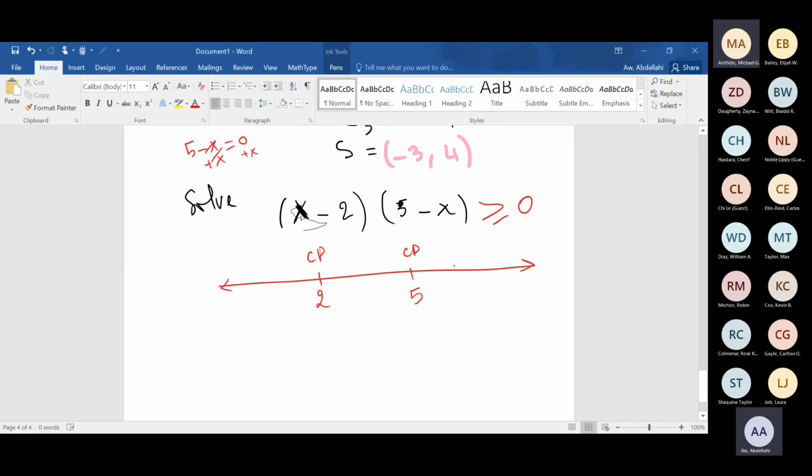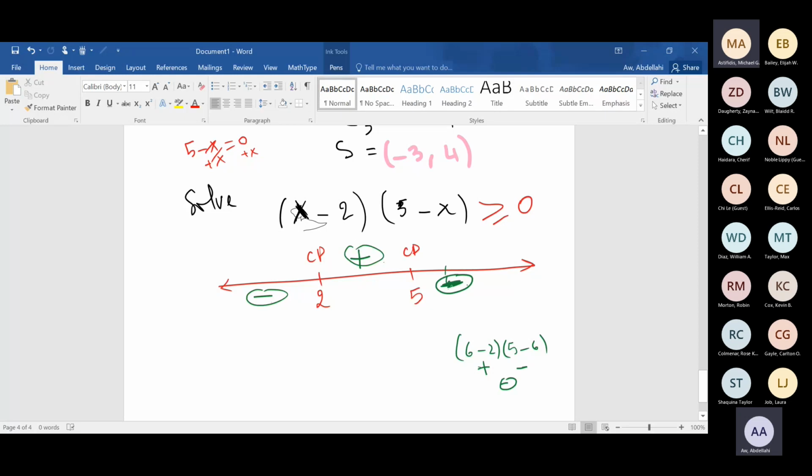Because if you test 6, you get 6 minus 2, parentheses, 5 minus 6. 6 minus 2 is positive, 5 minus 6 is negative, so it's going to be negative. That is minus here. Okay, since both are cross points, it's going to alternate, right? What's going to be here? Plus. What's going to be here? Minus. You see? Minus, plus, minus. Okay?